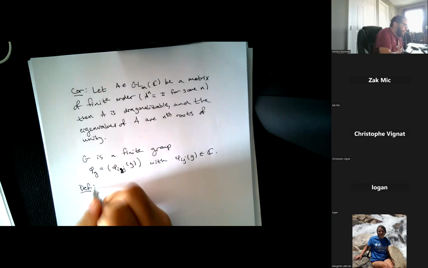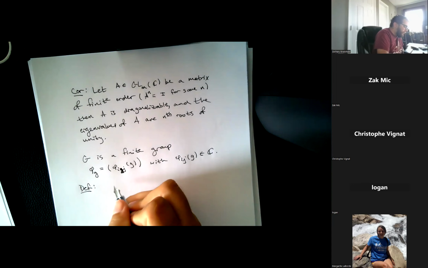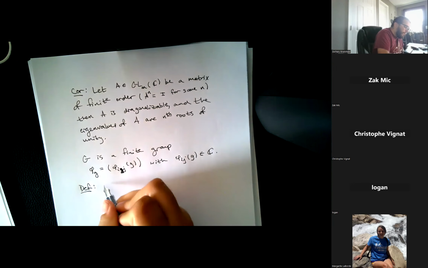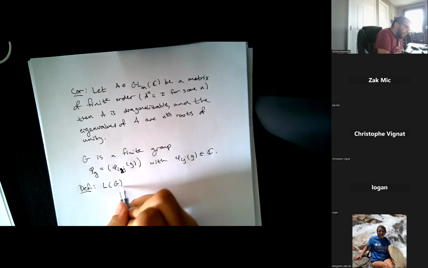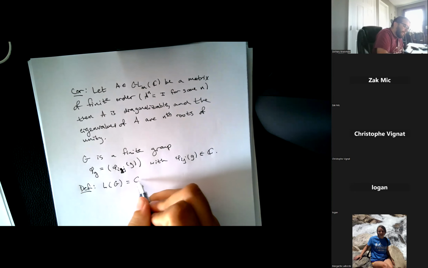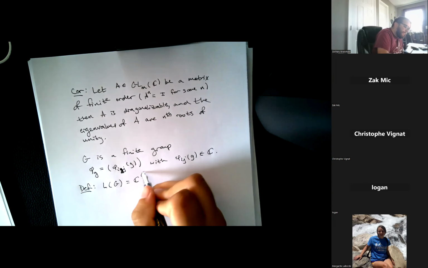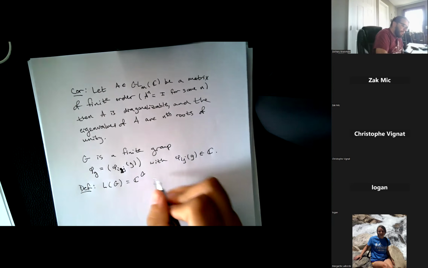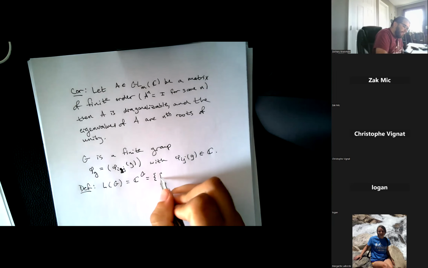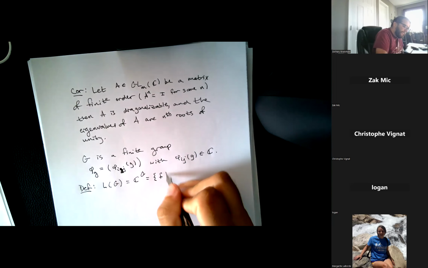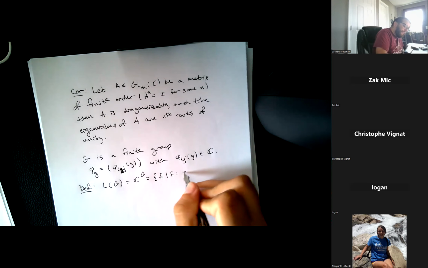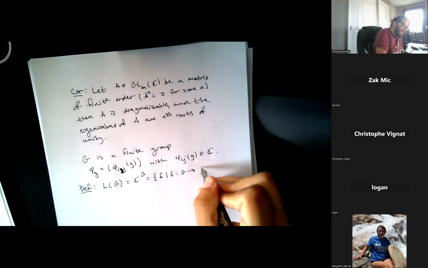Okay, here's a definition. With G a finite group, we can define L of G, sometimes written as C with a G in the superscript. We may have already defined this as the set of functions f from G to the complex numbers.